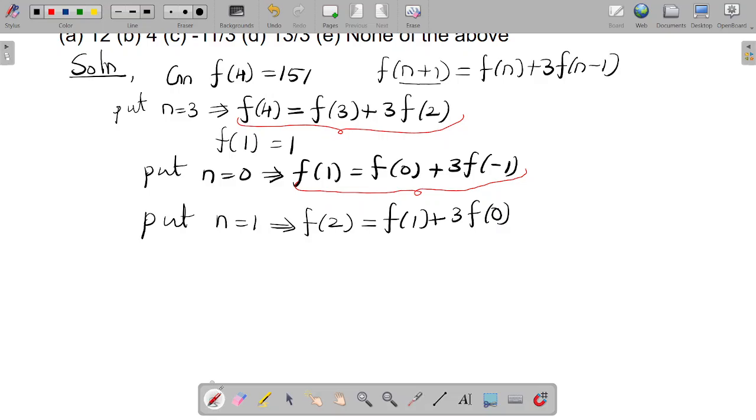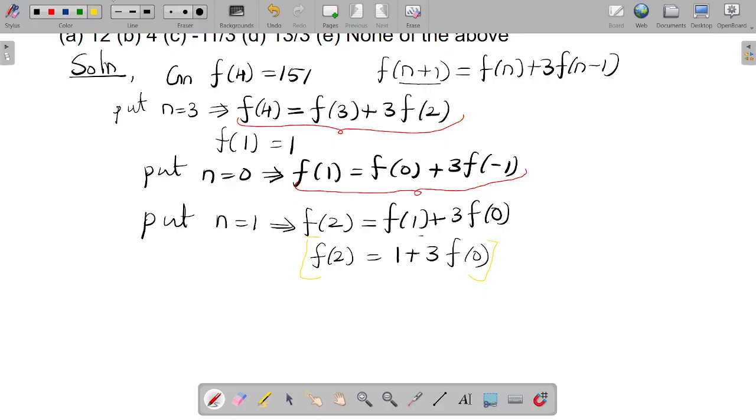Now we know the value of f(1), so we replace it. f(2) = 1 + 3 times f(0). This is the other information we found when we replace n = 1.